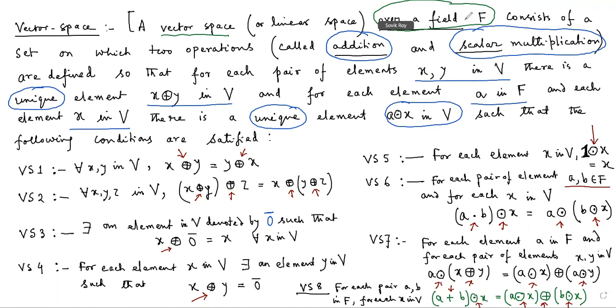One type of element is a member of the set capital V, and another is a member of the set capital F. The members of V, the members of the vector space, will be called vectors, and the members of the set F will be called scalars.